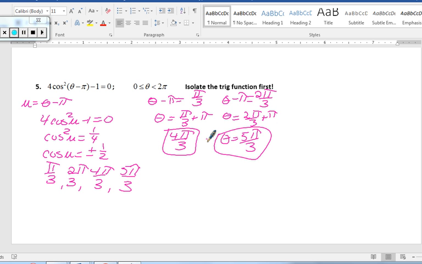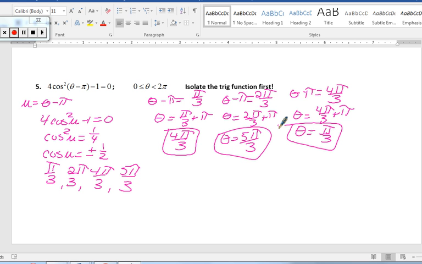I'll do the same thing for the next two solutions. Theta minus pi is equal to 4 pi over 3. Adding that over gives me another theta of pi over 3.